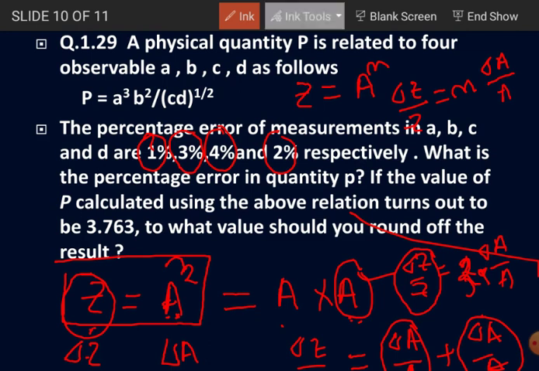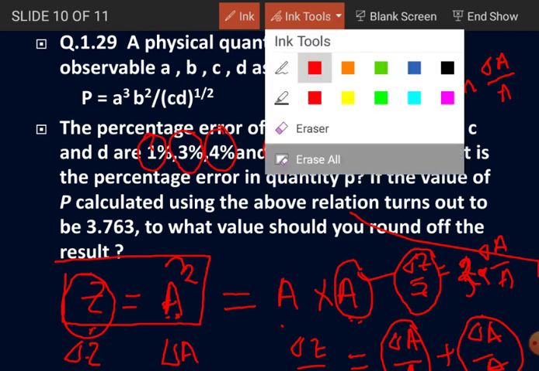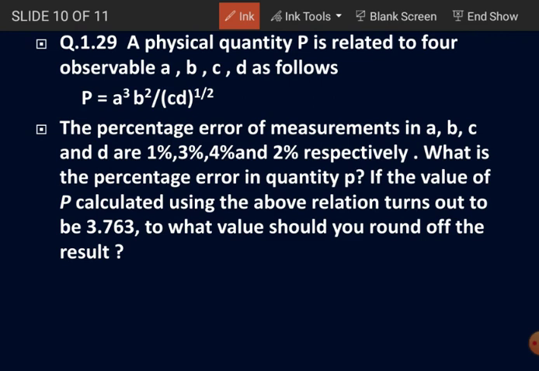As we are also having here A cube B square, the percentage error in P will be equal to 3 times 1%. Got it?